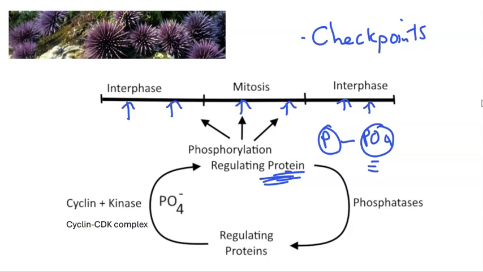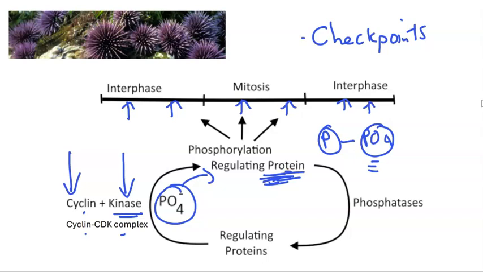What he discovered was that there were a set of molecules called cyclins, and these would attach to a set of enzymes called kinases. So the cyclins would attach to the kinases, and in turn the cyclin-dependent kinase complex would result in the addition of phosphates to the regulatory proteins and activate those.